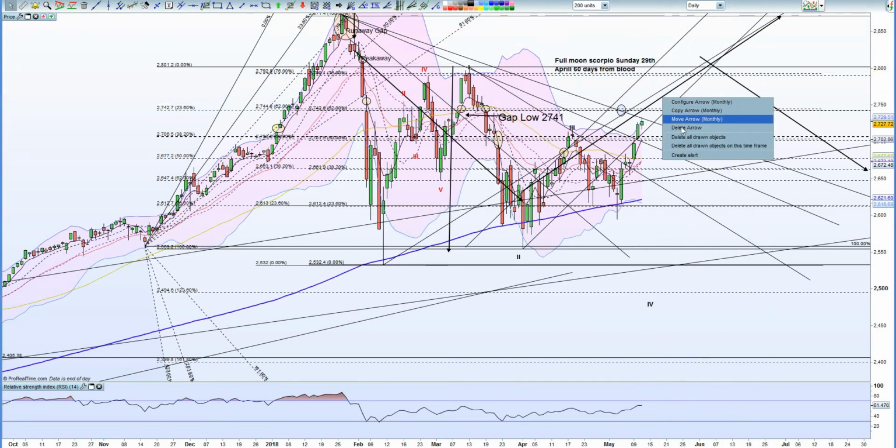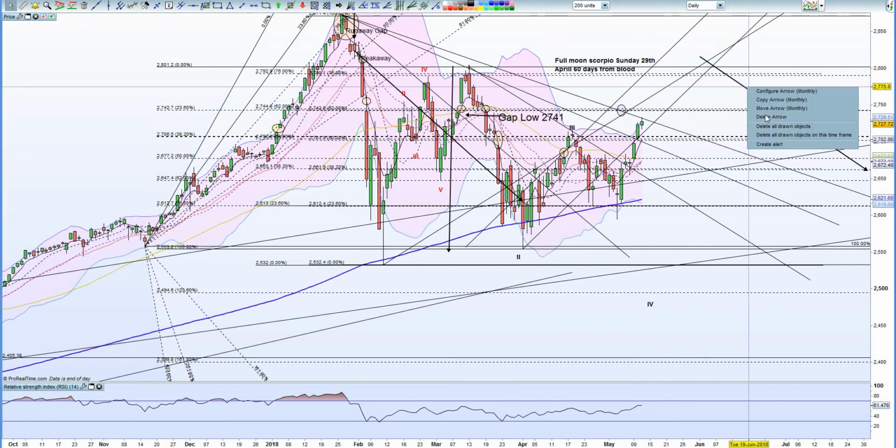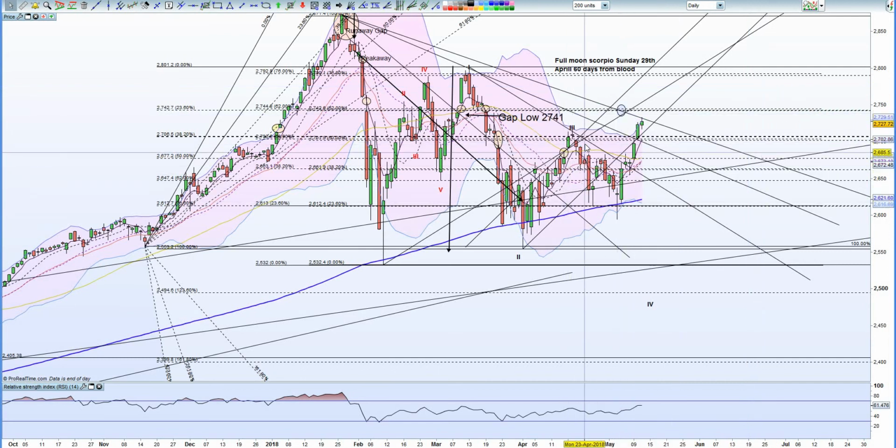Personally, I'm very highly skeptical of that, unless they really buy up bond prices and push that 10-year back down to the 250 area to support this market. If anything, I personally think that the 10-year yield is going to test and go over 3% again, which would completely invalidate a higher move.